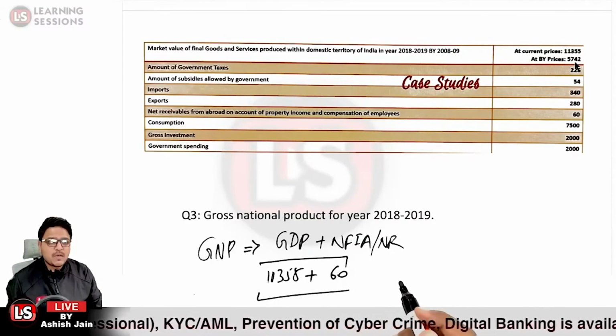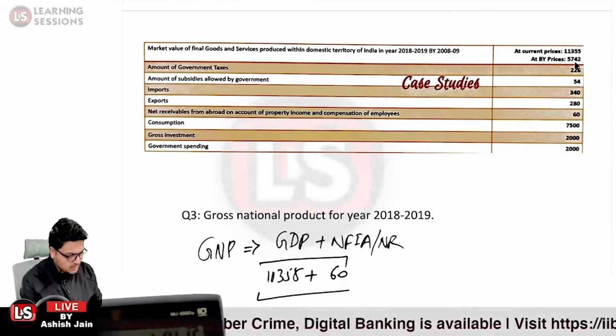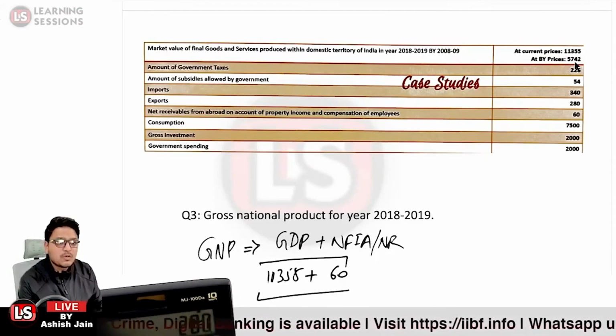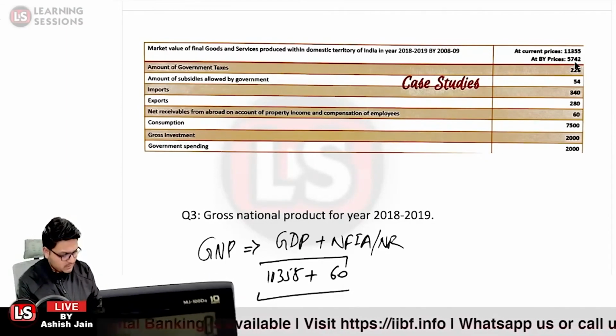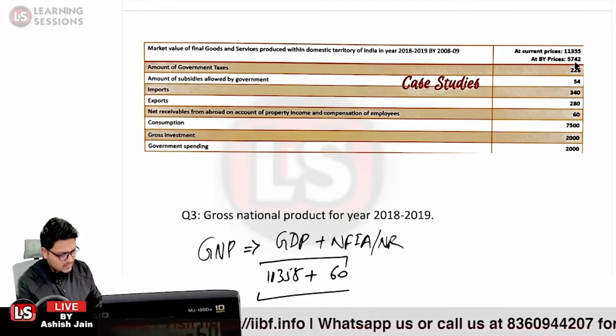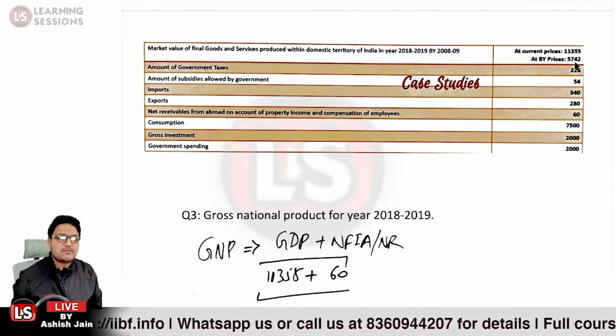So it is exports minus imports. The exports are given to be 280, minus 340, plus 11415, that is equal to 11355.